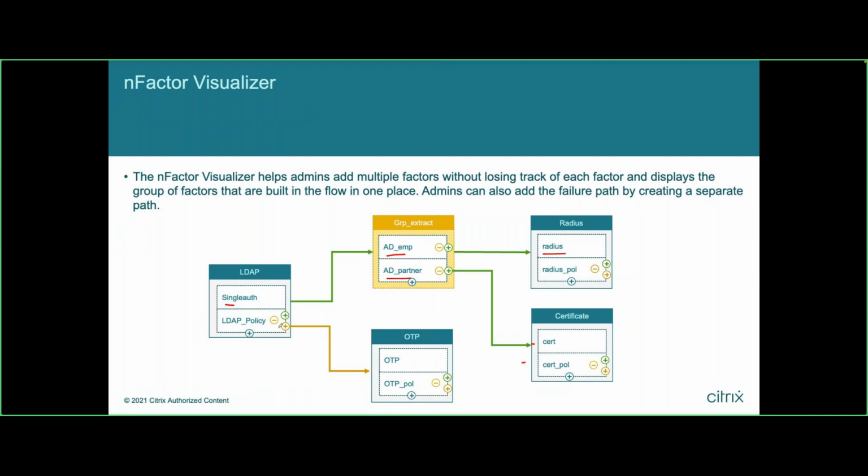Okay. If you're using the LDAP policies, I will ask you for either the OTP or OTP policies. So this is the n-factor visualizer, where you create a basic authentication flow. You might have multiple domains, so if you have multiple domains, you're going to create an n-factor schema.